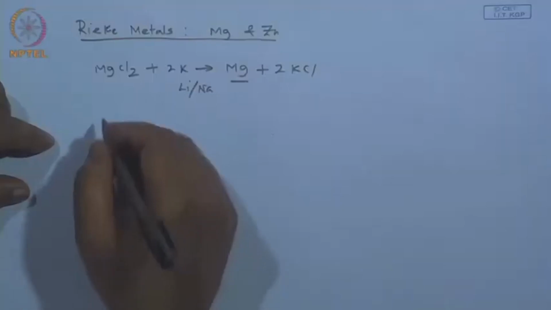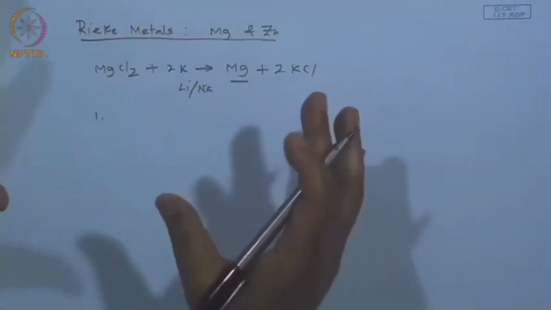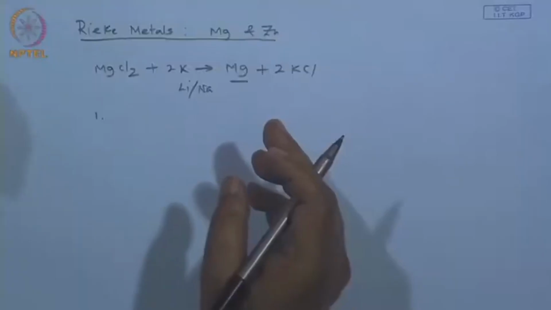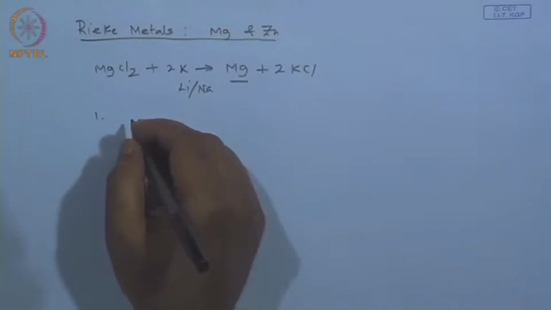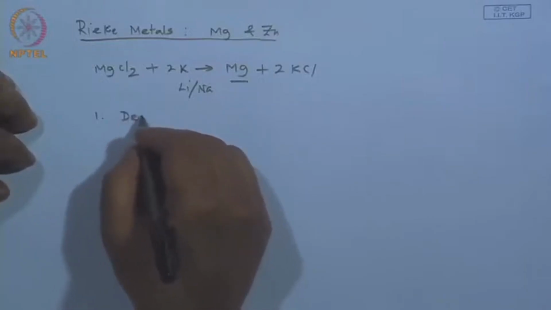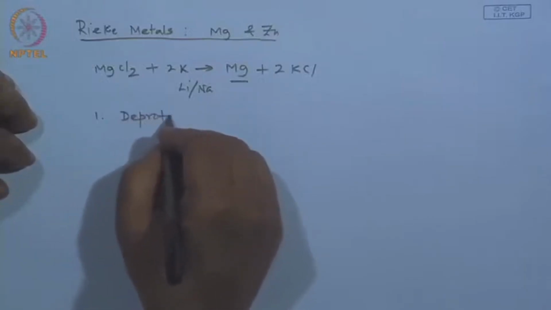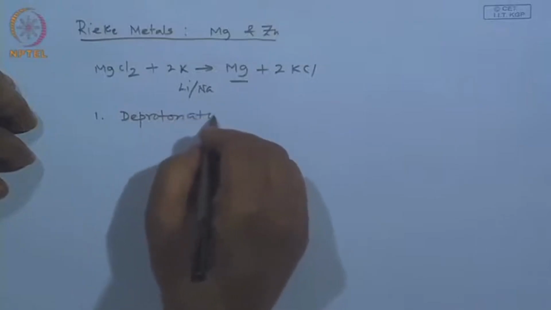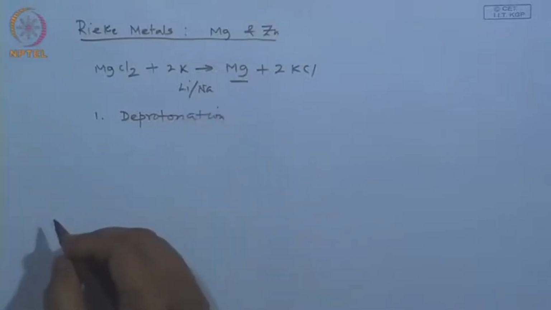So, all of us know that typical organometallic preparation requires fundamentally three different methods, right. The very first one is how to make an organometallic compound. The first thing that comes to our mind is deprotonation, that means you remove a proton, by which one can produce an organomagnesium.